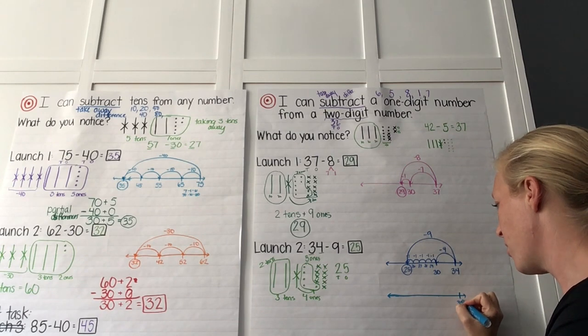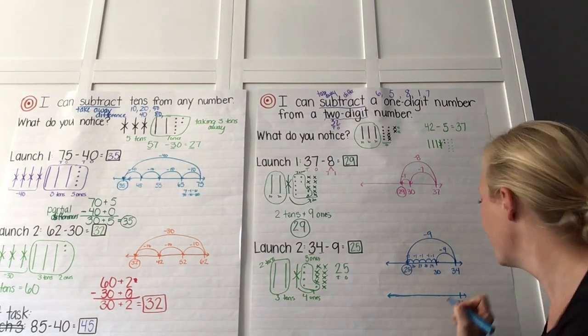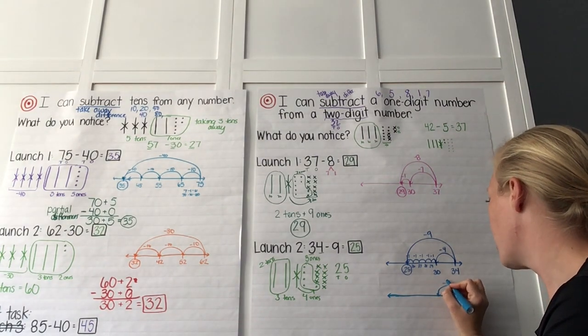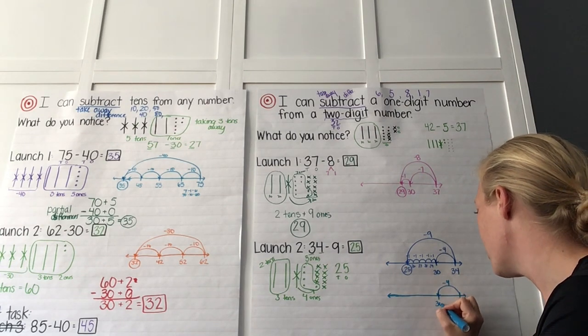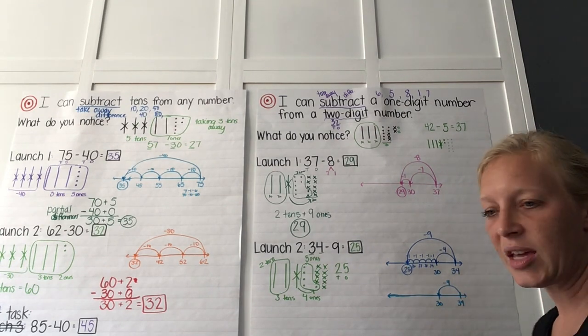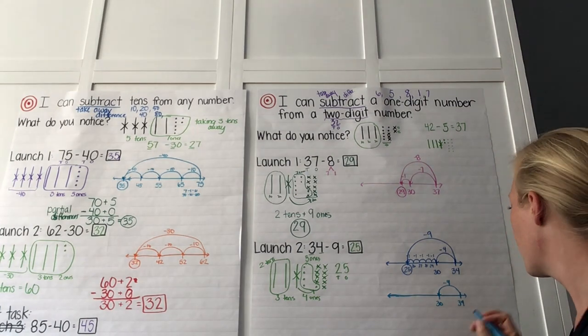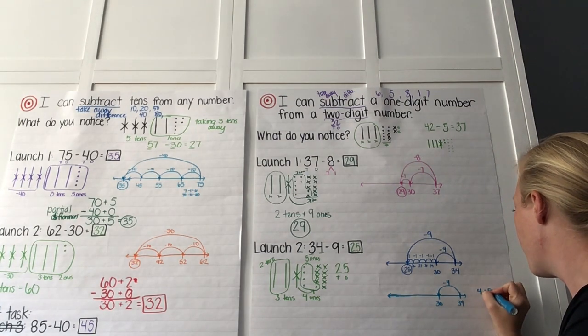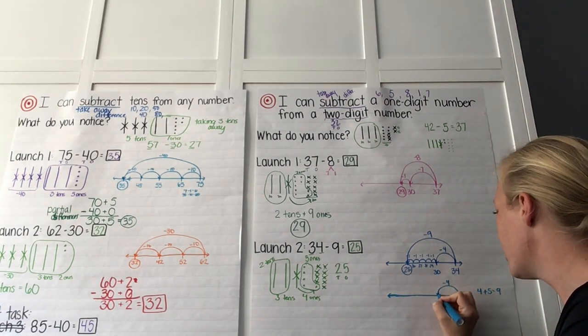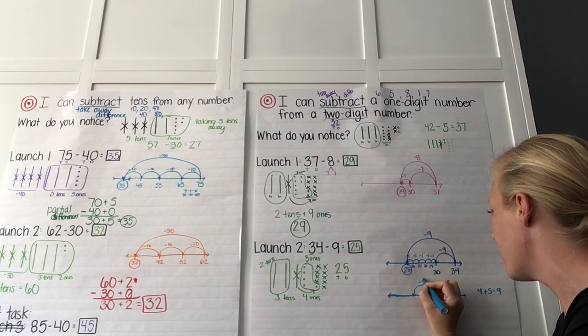Start at 34 as well. Okay, and what did you do? Took away 4 to get to 30. 10 is a friend, right? And then what did you do? You knew that 4 plus 5 equaled 9, so you took away 5.